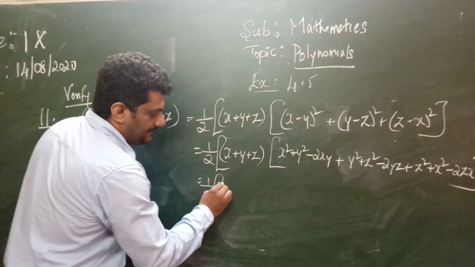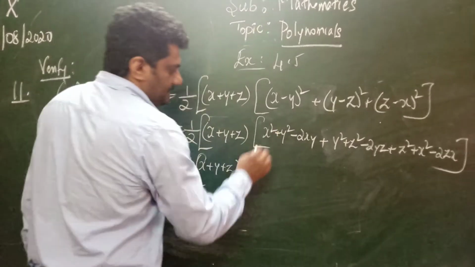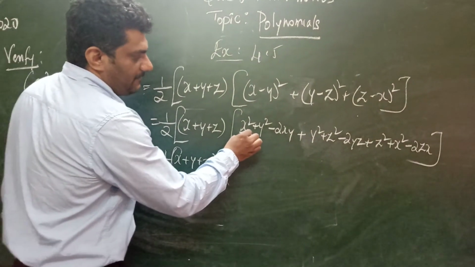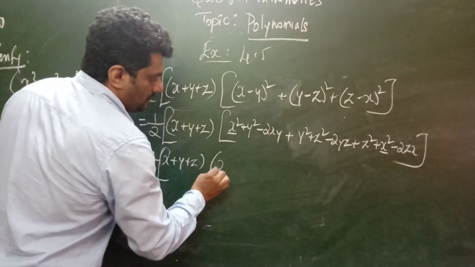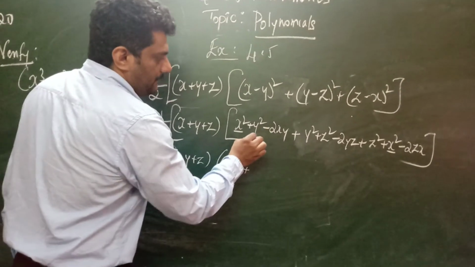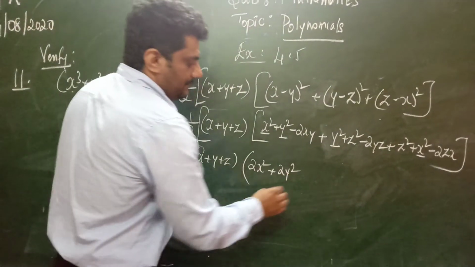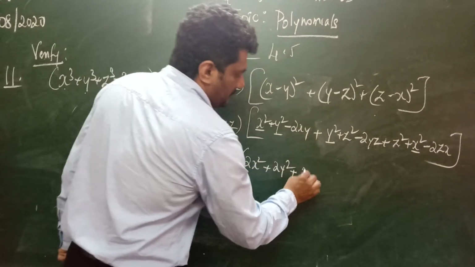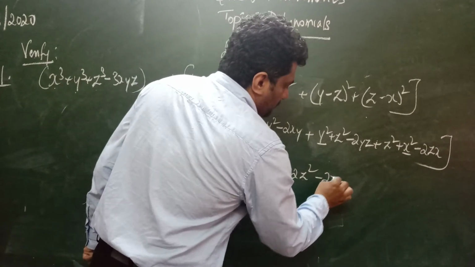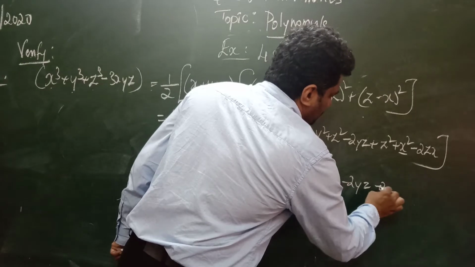This you are writing as it is. And this one, how many x squared you have? 1, 2. 2x squared plus y squared 1, 2. Then 2z squared, and then you have minus 2xy minus 2yz minus 2zx.